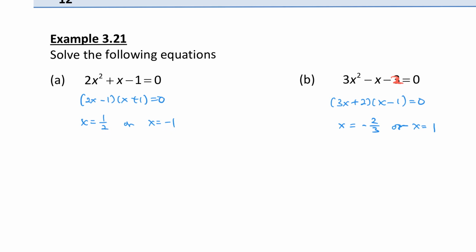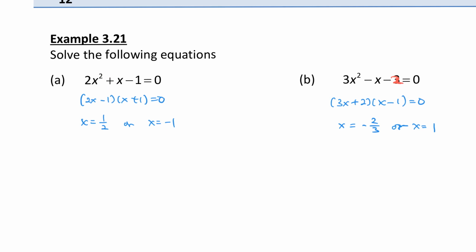The product of these two numbers is not equal to the constant term, and the sum, -1 plus 1/2, is equal to -1/2, which is not equal to the negative coefficient of x.